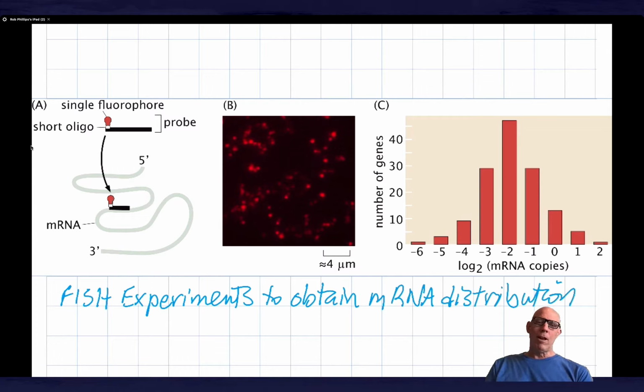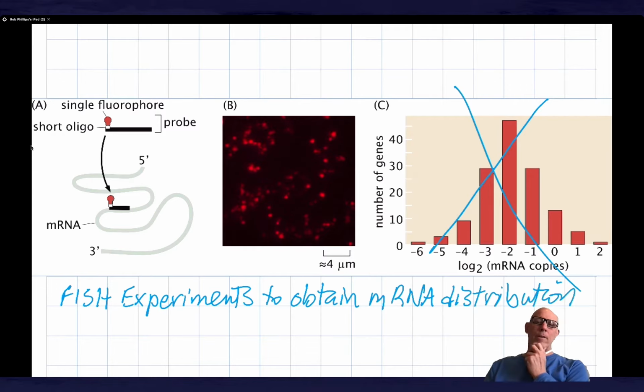In this case, what's shown on the right is actually over all genes. So this is not a single gene copy number, but this is instead just to give you a sense of how one would do a FISH experiment. It's just a reminder on that point. So in some sense, the histogram is irrelevant to what I want to say, so forget about that.